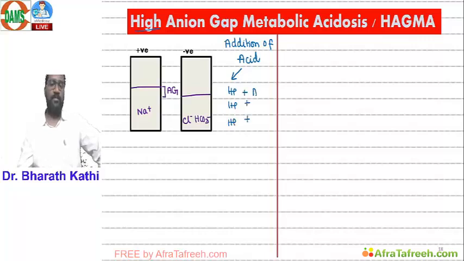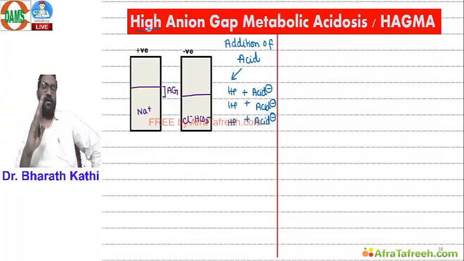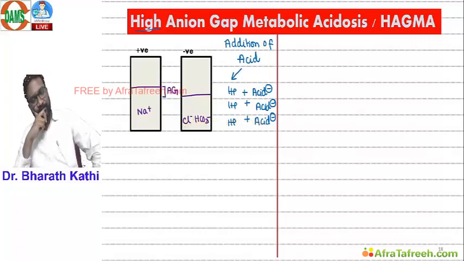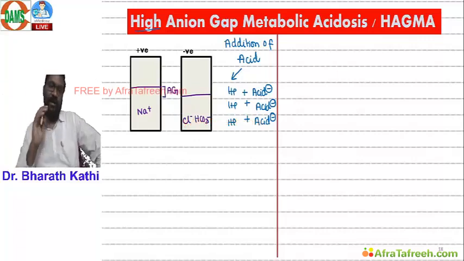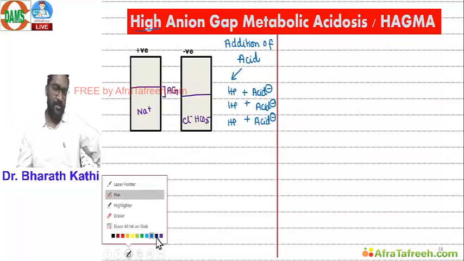Say for example, if the acid is H2SO4, it gives rise to H plus and HSO4 minus, HNO3 gives H plus and NO3 minus. The same way, lactic acid, H plus and lactate, acetic acid, H plus and acetate. Let it be any acid, it finally gives rise to H plus and acid anion.